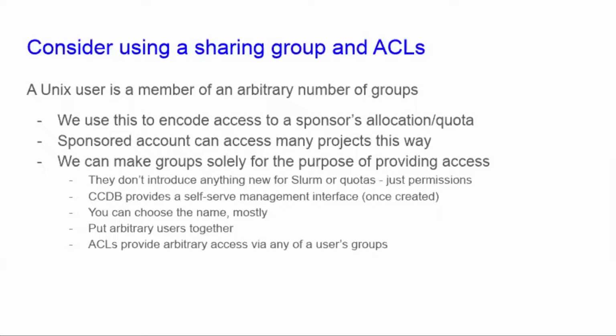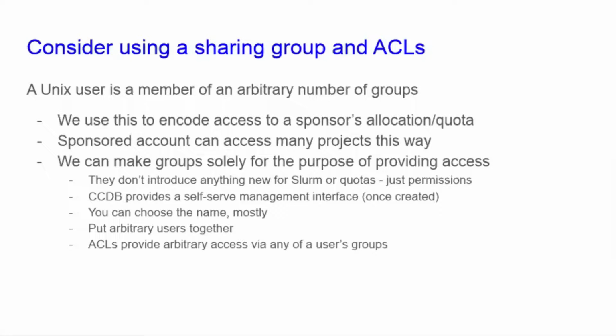And then we hand this over, the PI can do this, and we hand this over to the manager of the sharing group, and they can put in whoever they want. And then that sharing group becomes a group on the Unix file system that can be used as a target for the ACLs as well.